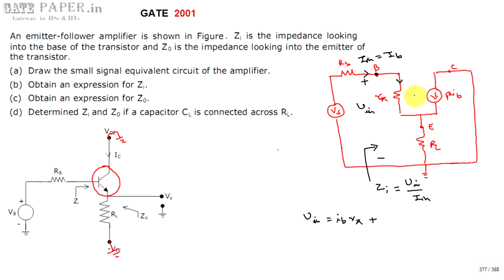The current flowing through RL is IB plus beta IB, that is (1 plus beta) times IB. So this is the voltage drop. If you take IB common, V input divided by IB, which is nothing but Zi, is equal to R pi plus (1 plus beta) times RL. This is the expression for Zi.